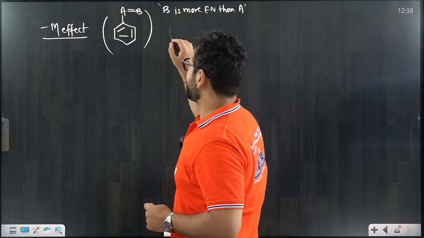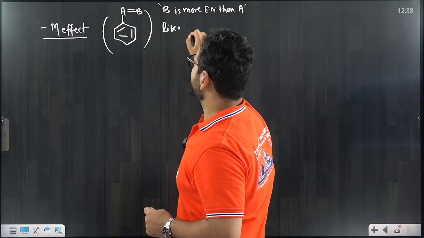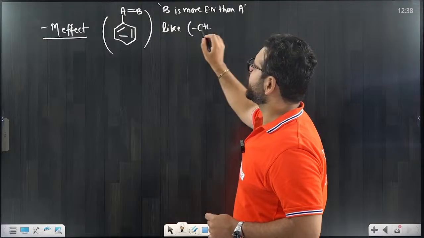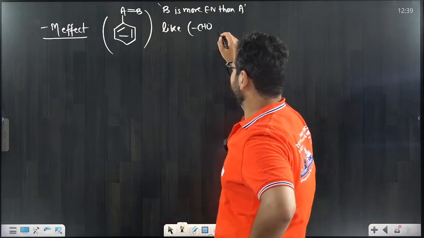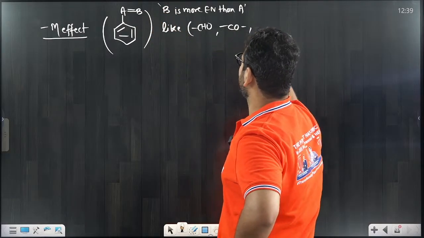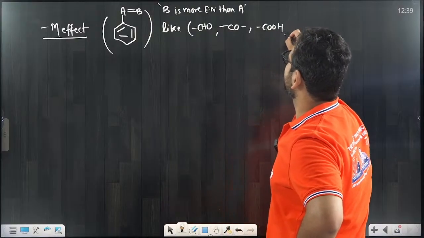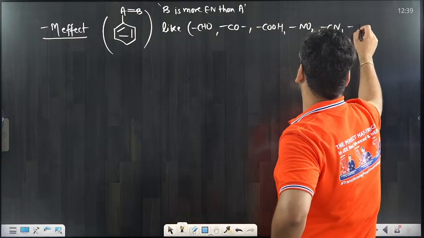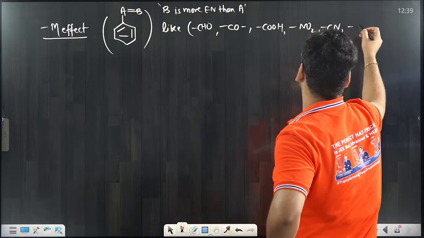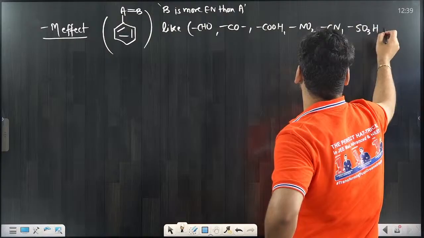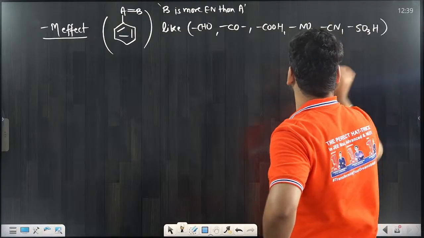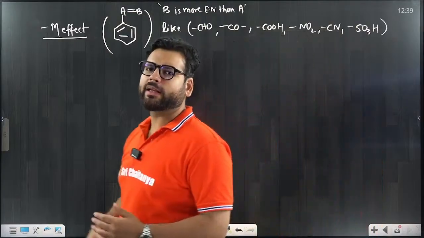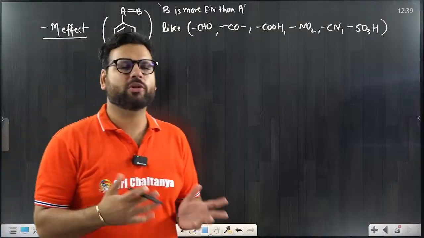Such functional groups like aldehydes, where C double bond O will be there, ketones, carboxylic acids, nitro group, cyano group, sulfonic acid group. Okay, all these groups act as minus I, minus M. Minus M also, minus I also.